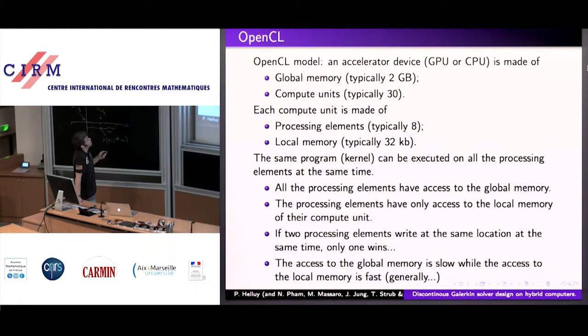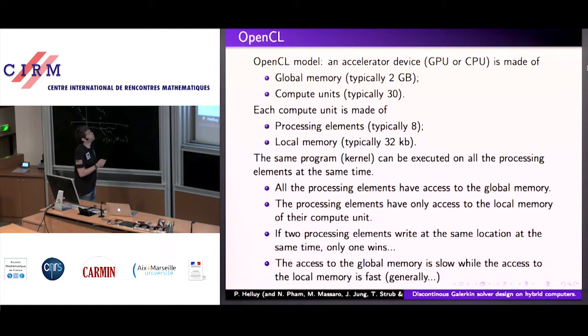You have typically a few gigabytes of memory. You have what are called compute units. Typically you have a few tens of compute units. And what is interesting is that in each compute unit, you have several processors that are called, in the OpenCL model, processing elements.